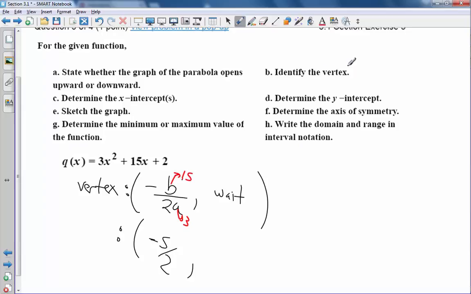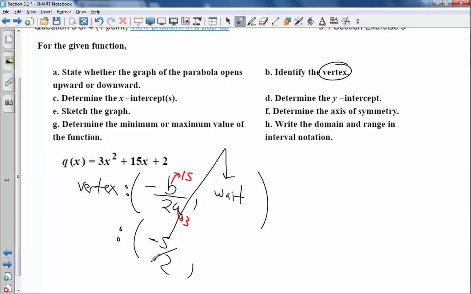Almost. We found the first half, but I said wait. How do I get to the second part? This one, wait part. Take this number you found and enter it into the function in x and compute the y value that way, because this vertex is on the curve.